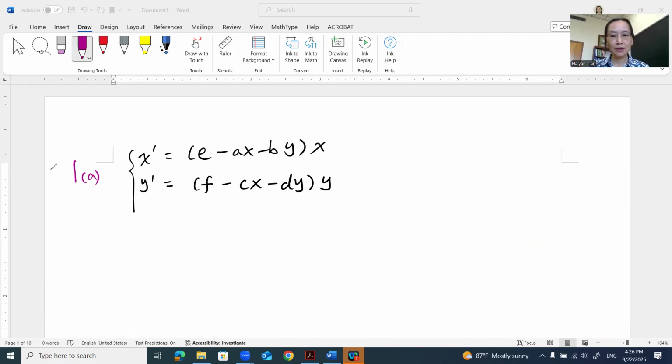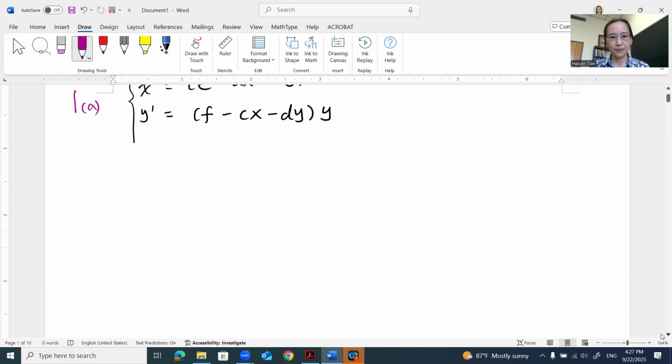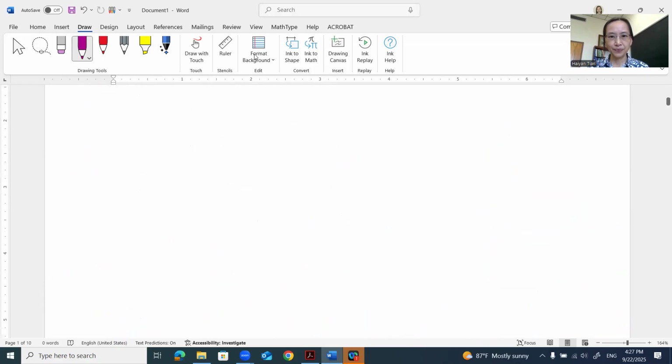So, second problem. The second problem is a system with 3 equations, x, y, z.